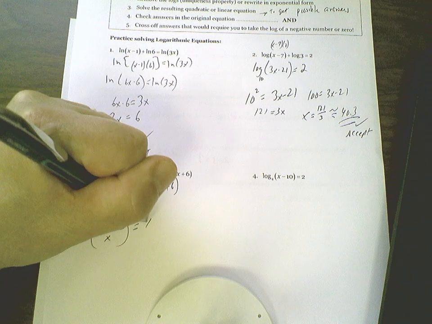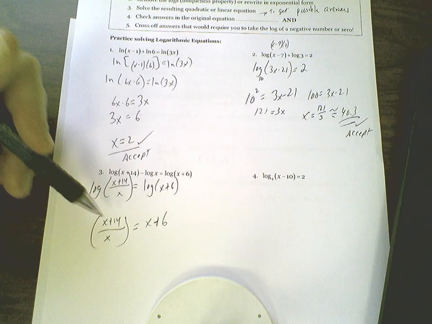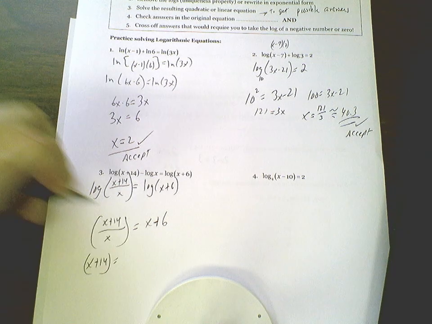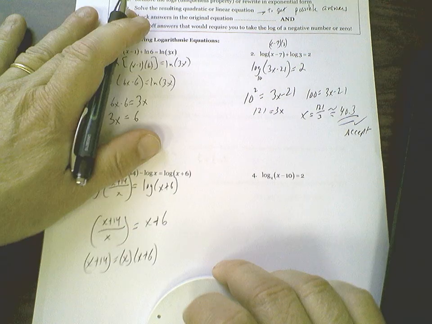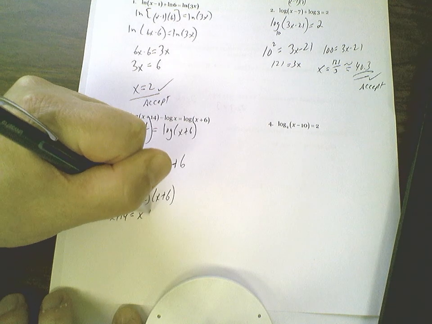To solve this, I'm going to multiply each side by x. x plus 14 equals x times x plus 6. x plus 14 equals x squared plus 6x. All right, hey, I got a quadratic. What will I do?